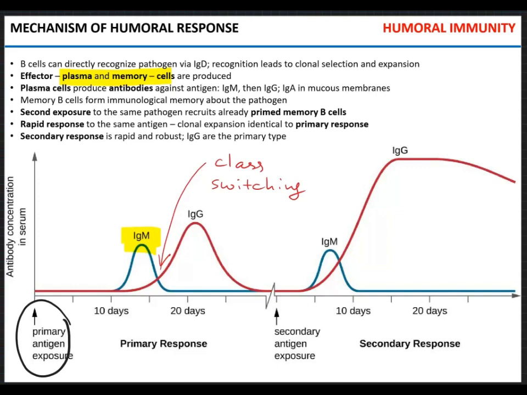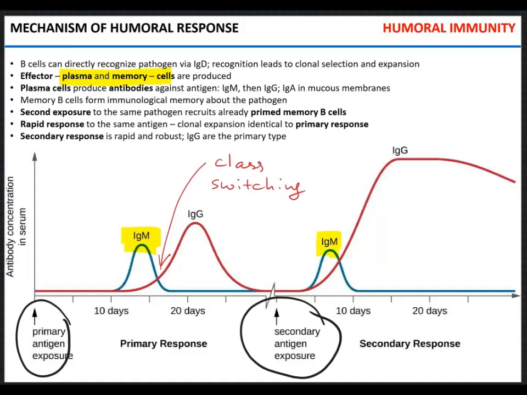Eventually, antibody levels in your blood decrease. It is normal. It's called contraction of immunity. So now, sometime later, you receive a second exposure to the antigen. IgM is still produced, but look at the IgG response.